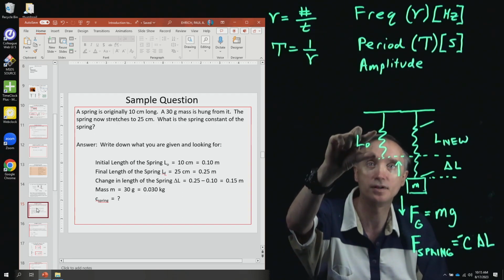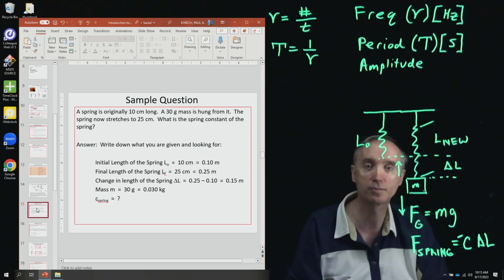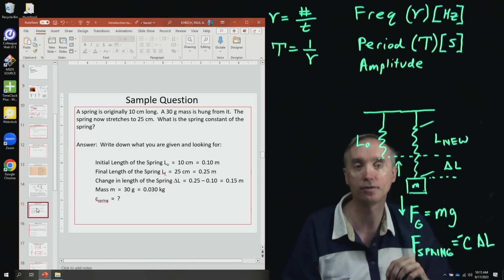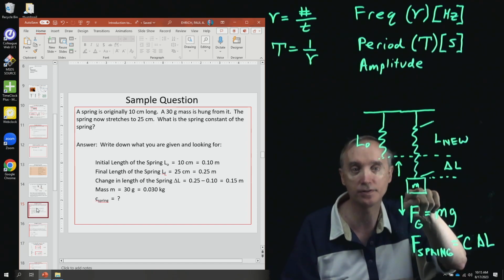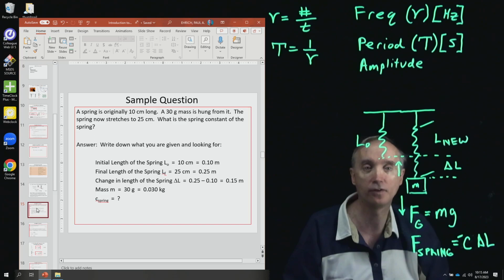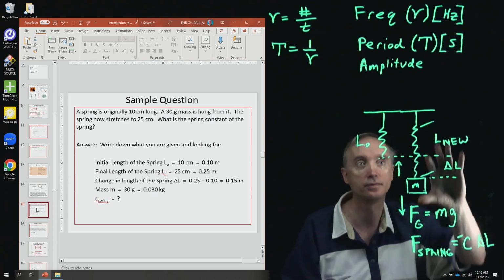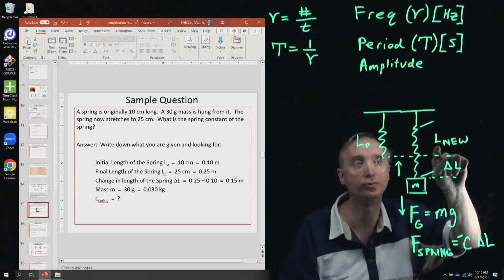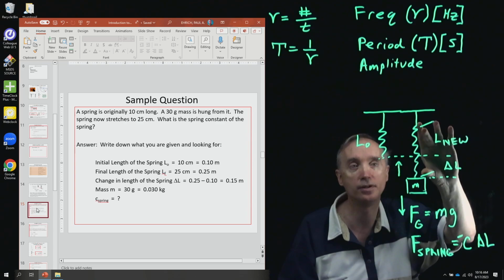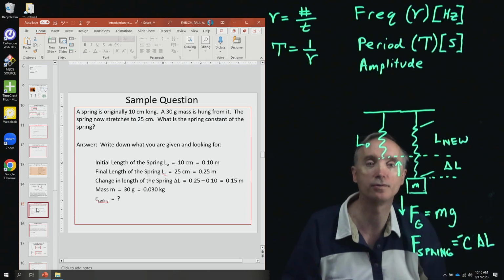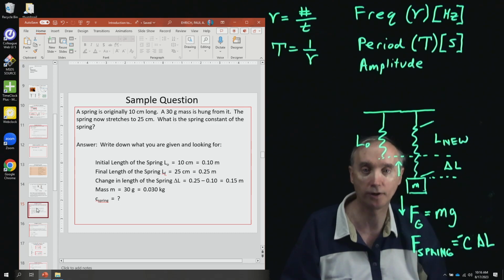Then you're going to take a 30-gram mass and hang it from it, and the spring now stretches to 25 centimeters. So now the new length is 25 centimeters. What is the spring constant of the spring?